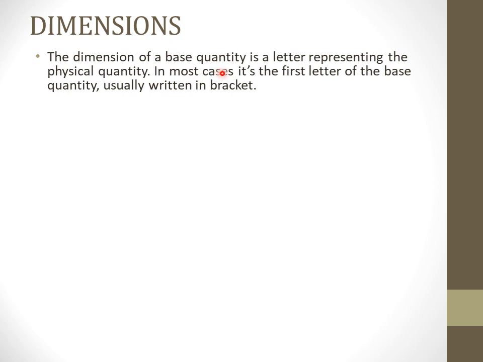For base quantities, the dimension is usually the first letter of that quantity, written in brackets, mostly capital letters. So we have length as a base quantity, and its dimension is capital L. Time, a base quantity, its dimension is capital T.